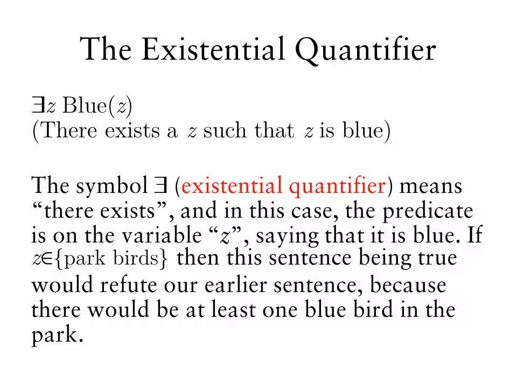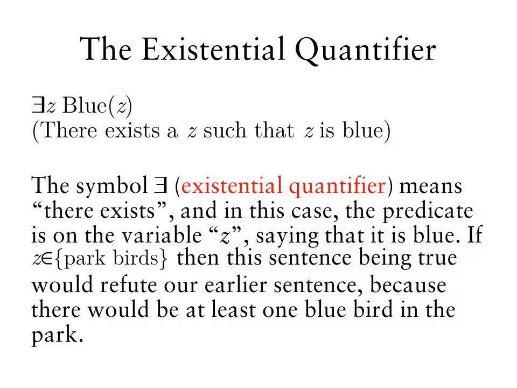Whereas for all specifies that you're talking about every member of the set, the existential quantifier is specifying that you want to talk about some members of the set. And how do you talk about some members of the set? Well, in this instance, Z might be an element of the set park birds, the same set that X was a member of. And Z here is naming a specific object that happens to be blue.